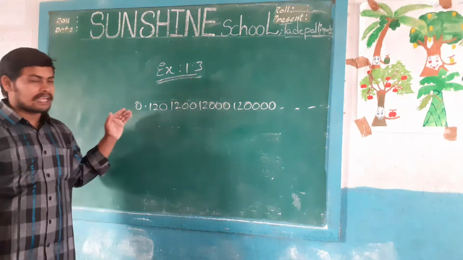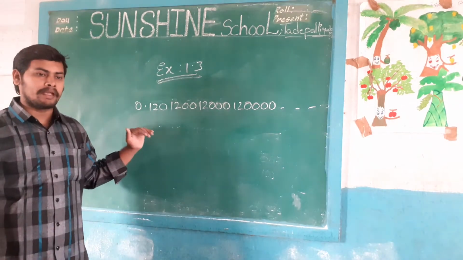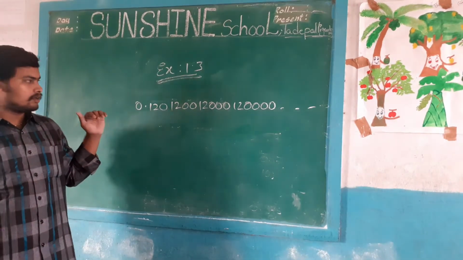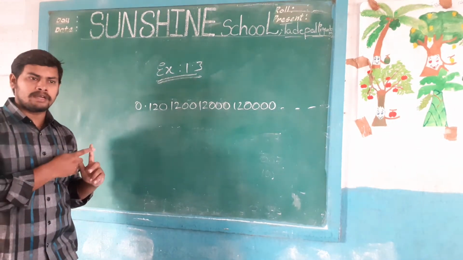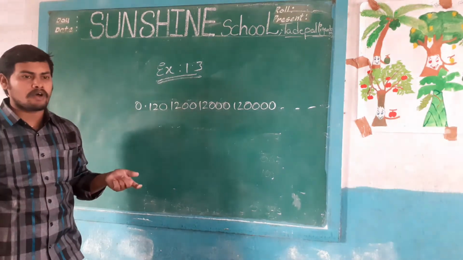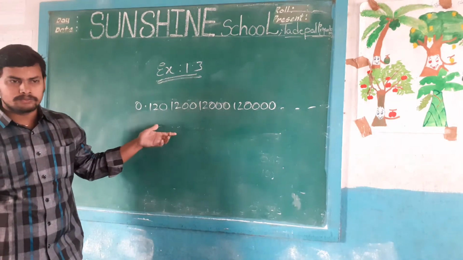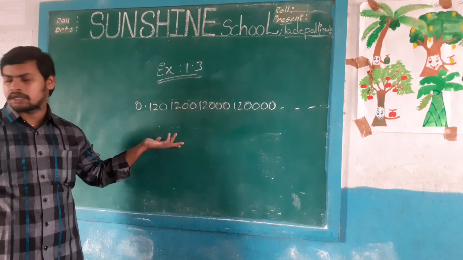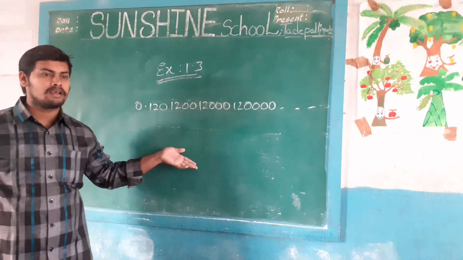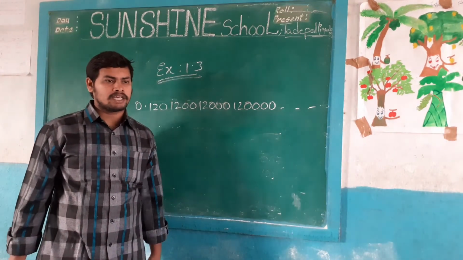So it cannot be written in the form of p by q. When a decimal number is non-repeating and non-terminating, such numbers cannot be written in the form of p by q. Numbers having repeating decimals, whether terminating or non-terminating, can easily be written as rational numbers.